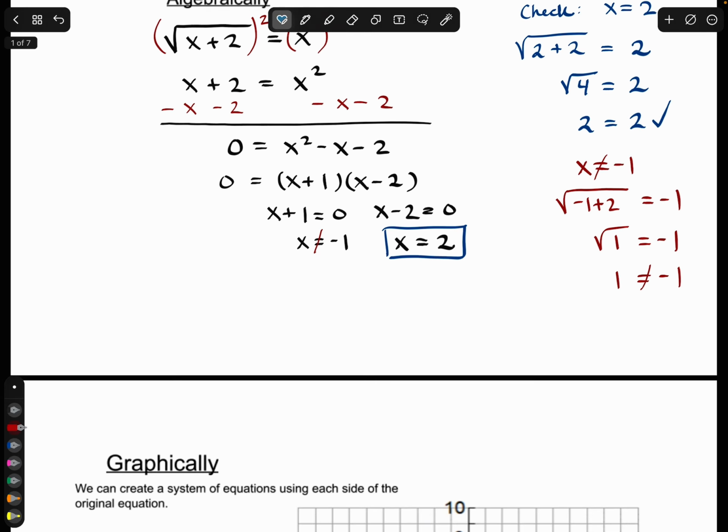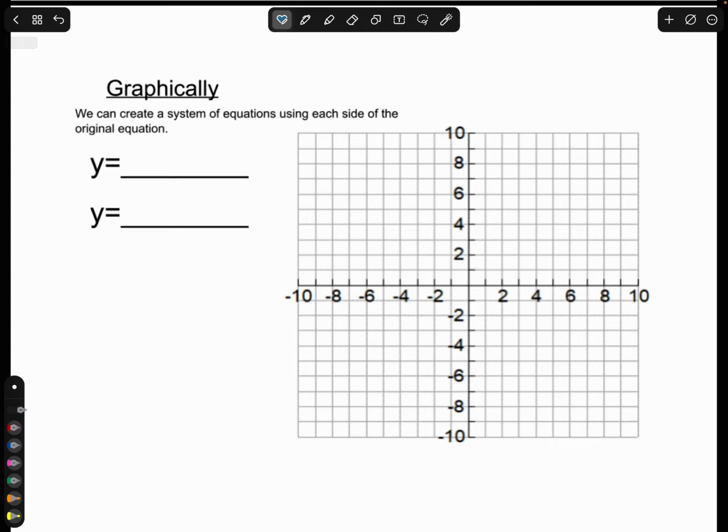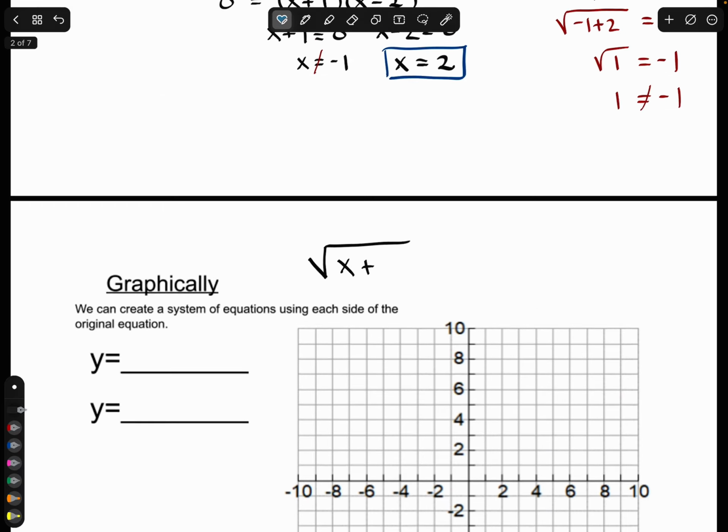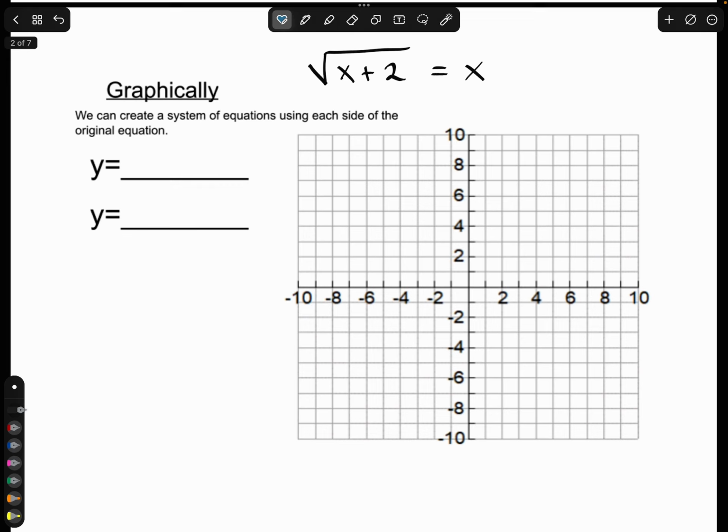Now, let's look at a second method for solving the same equation. We're going to solve it graphically by turning it into a system of equations. So we have here the square root of x plus 2 is equal to x.